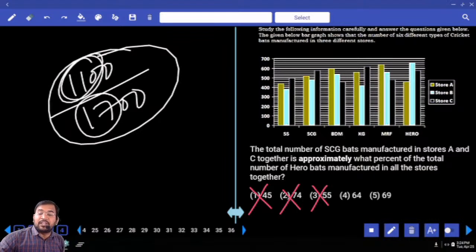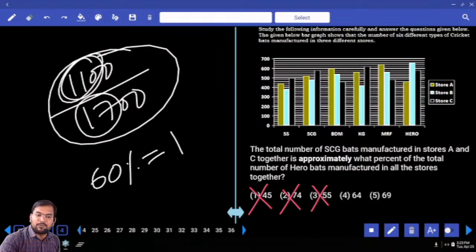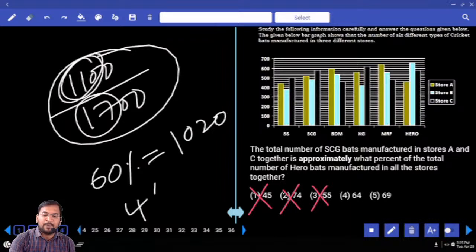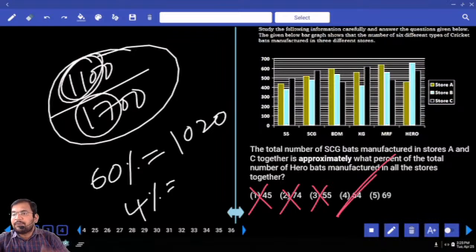If you go for 60%, that is 1020; we need 80 more, which is approximately 4%. So your answer is 64. It is far away from 70.